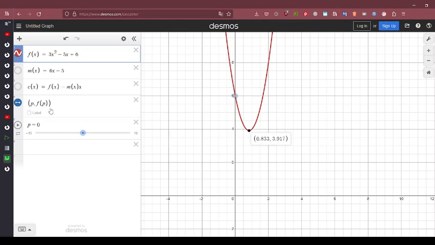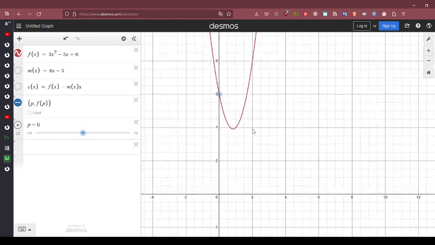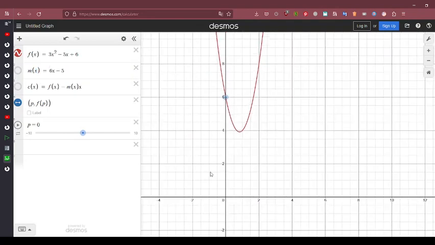So the gradient changes depending on what the x value is, and the value of c would also change depending on the x value. The value of c depends on the gradient and the y value, as you would see later that it touches. So let's say there was a gradient over here, it would touch this particular coordinate, 0, 6.